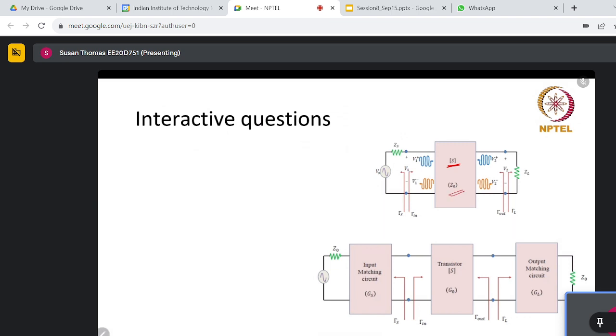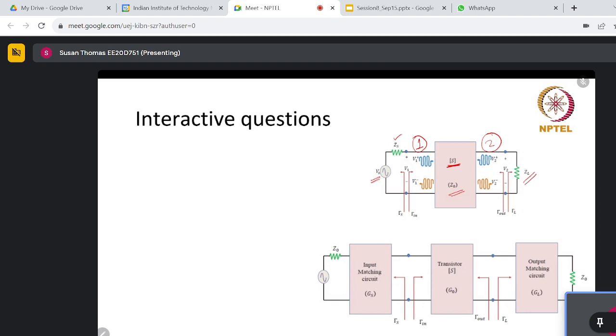This is the source voltage Vs, and this is the source impedance Zs. This is port 1 and this is port 2, and at the output port you have the load connected, that is ZL.